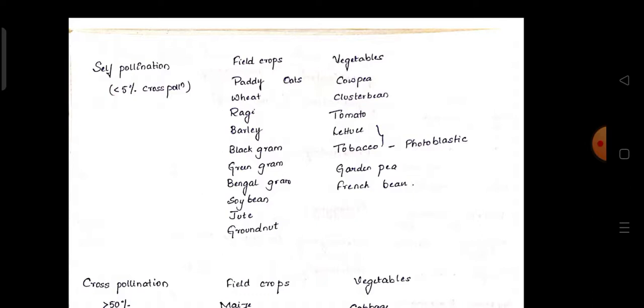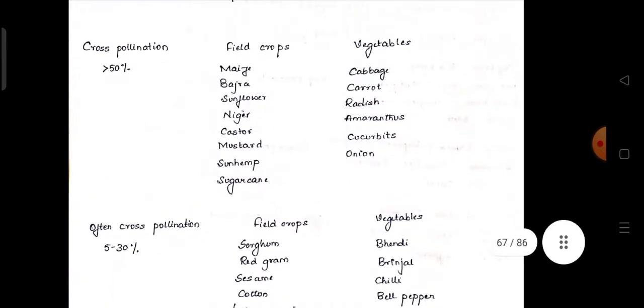In case of vegetables, cowpea, cluster bean, tomato, lettuce, tobacco, that is a photoblastic plant, garden pea and French bean. Cross-pollination, that is more than 50%, is found in field crops like maize, bajra, sunflower, nizer, castor, mustard, sun hemp, sugarcane.